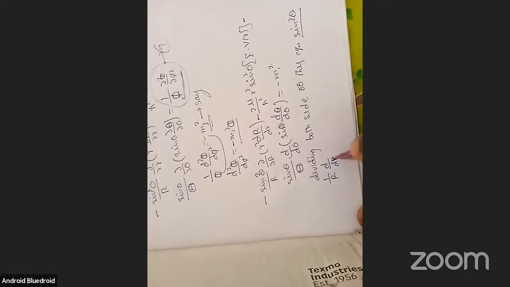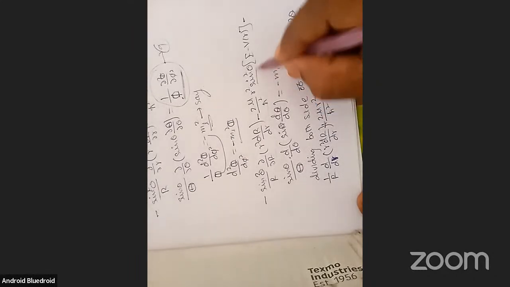Sorry, not r, small r. 1 by capital R, d by dr of r square dR by dr, plus 2 mu r square by h bar square.